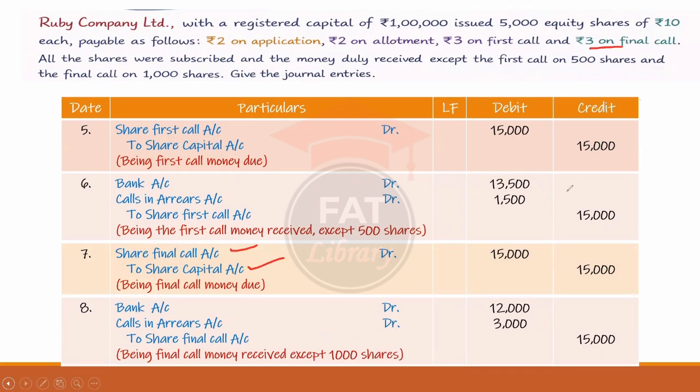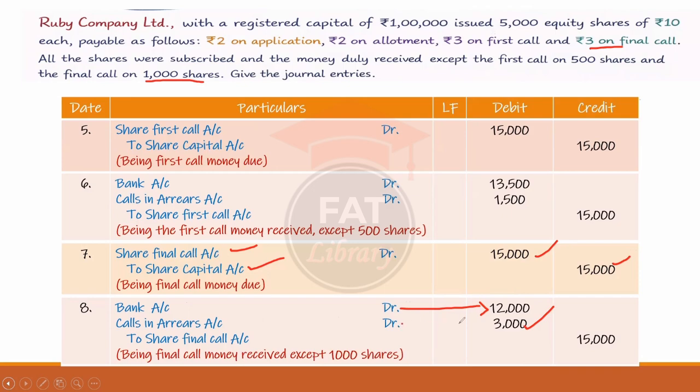Here also they are receiving 3 rupees. This is money due. We are expecting to receive again 15,000 rupees. In that final call also, we are not receiving the amount for 1,000 shares. That means the bank account we have taken for 12,000 rupees. This bank account is only for 4,000 shares, and the remaining 1,000 shares multiplied by 3, that is 3,000 rupees, we have not received.